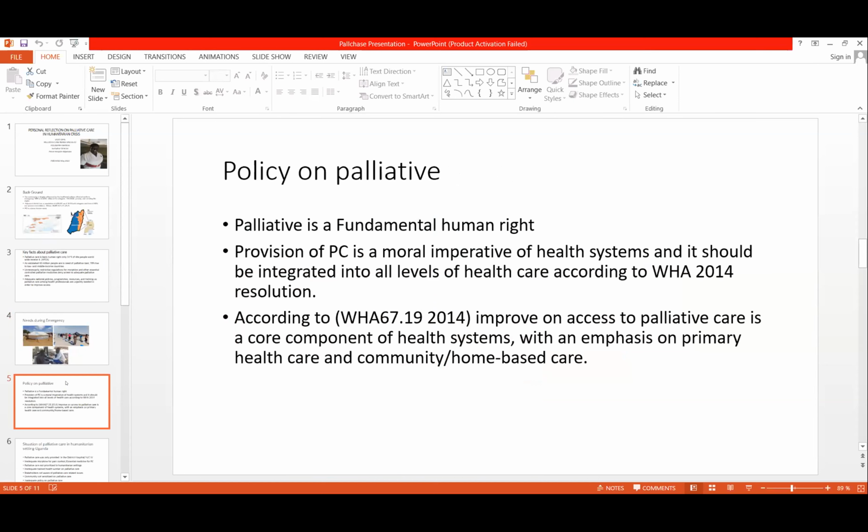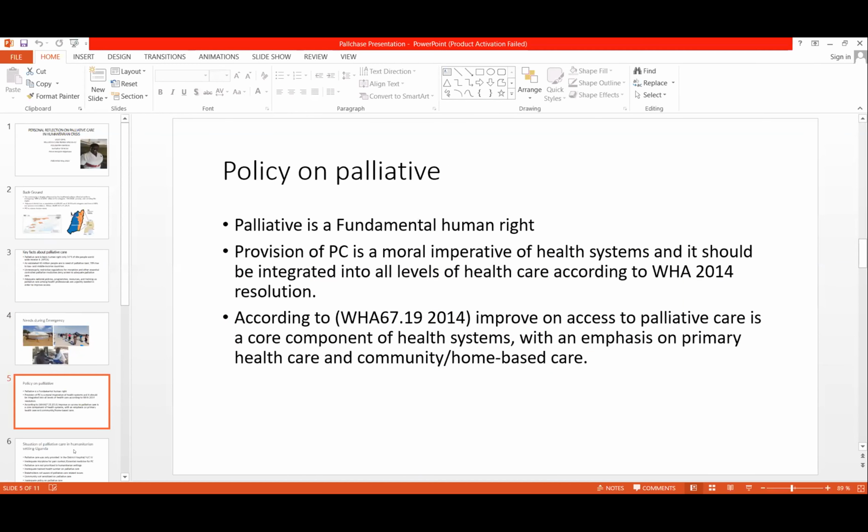And according to the World Health Organization, access to palliative care is a core component of the health system, and we emphasize it even in community and home-based care.